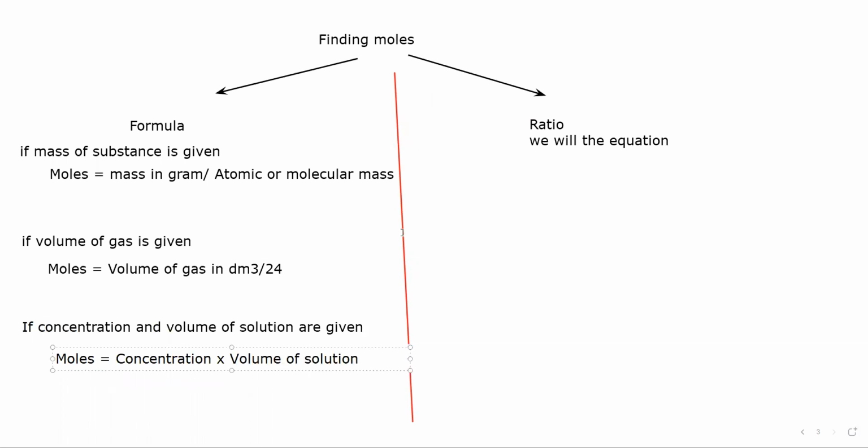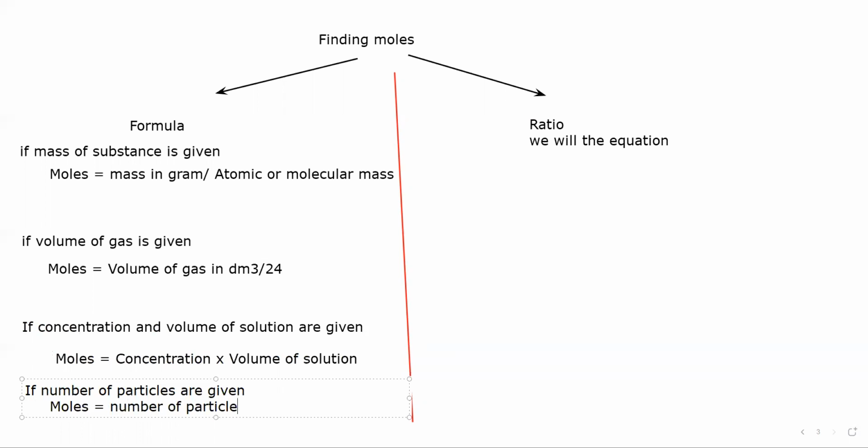The fourth formula, if the number of particles is given. If they provide you the number of particles, then the formula to calculate the moles is equal to number of particles divided by 6 exponent 23.